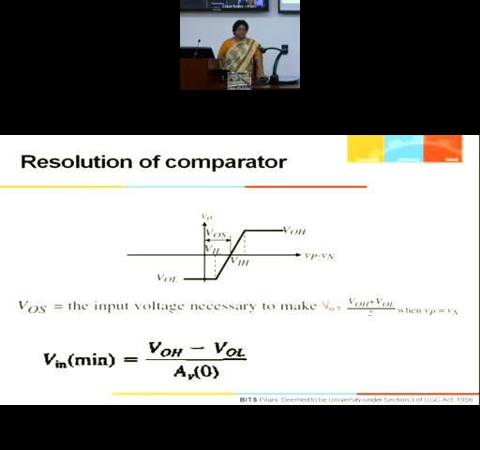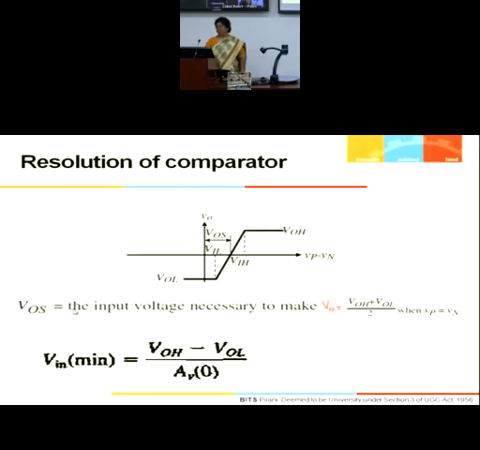That means 1 LSB will be very small. That means 1 LSB will be your delta V. And to resolve that delta V, the comparator should have a very high gain. So resolution decides the gain of the comparator. So resolution is important. As a result, gain designing comes into the picture.